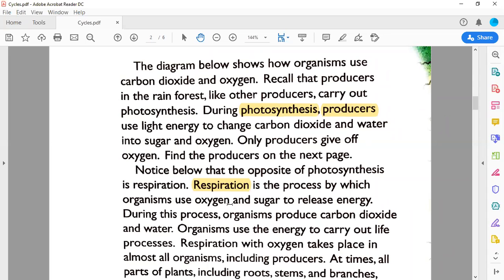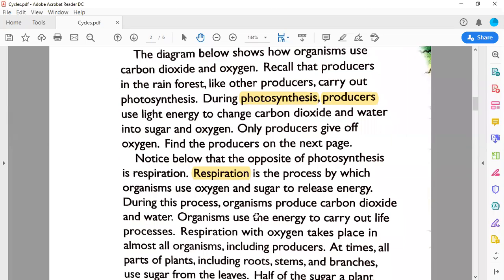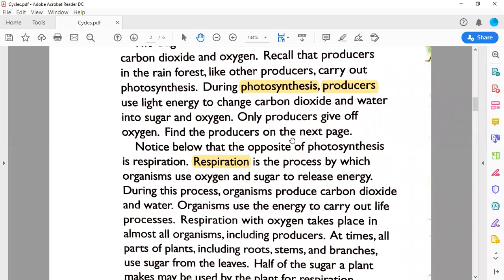On the other hand, we have respiration. Respiration is the opposite of photosynthesis. Respiration is the process by which organisms use oxygen and sugar to release energy, not to produce energy, okay, but to release energy.